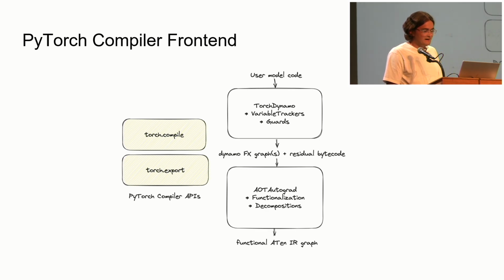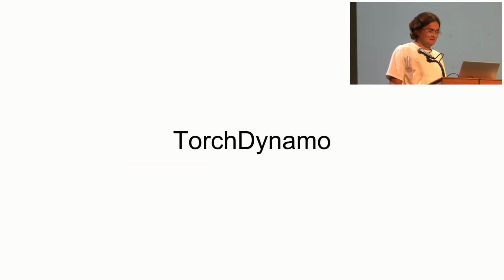So torch.compile and torch.export take in your user model code, and then we're going to symbolically interpret Python bytecode, producing a region of tensor compute, the FX graph, and a residual bytecode, which I'll talk about in a bit, and then through a series of lowerings, produce a much cleaner functional graph that we're going to compile.